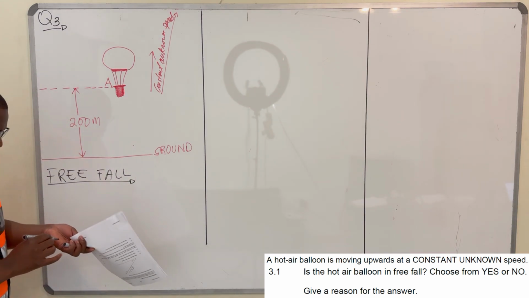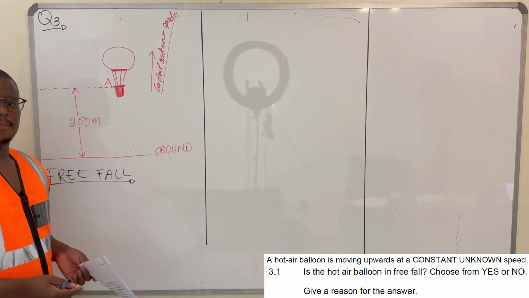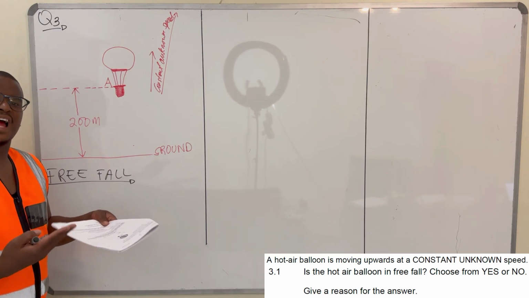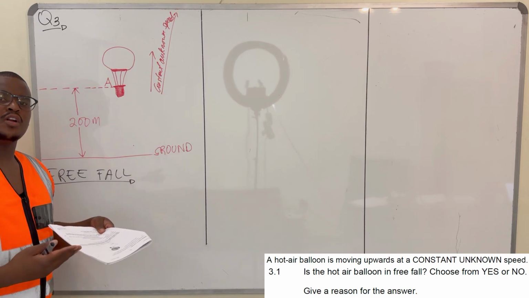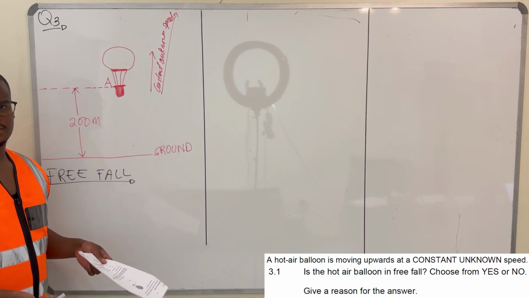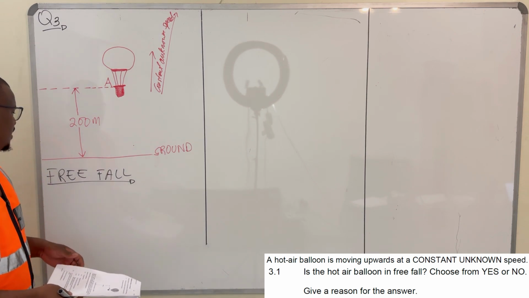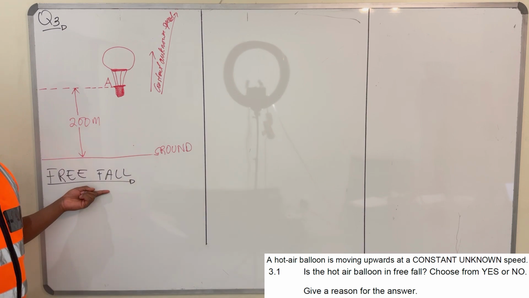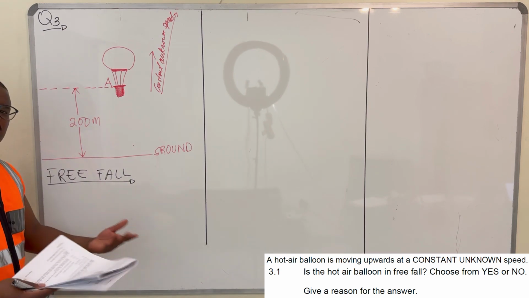When an object is in free fall, it means that free fall is the type of motion in which the only force influencing that motion is the gravitational force. So if you're saying an object is in free fall, you are saying that the motion of that object is influenced by gravity only.